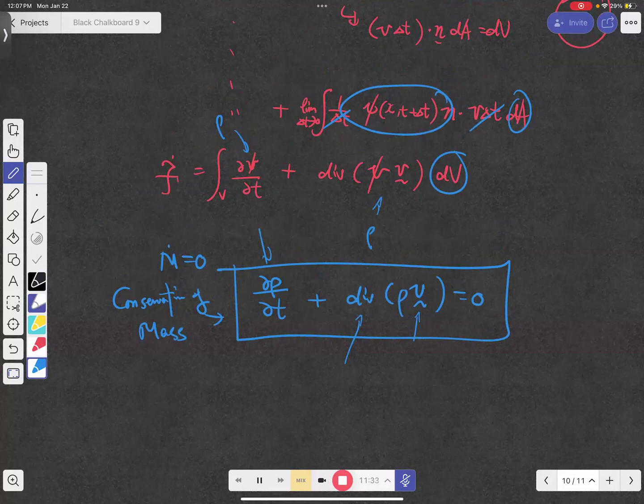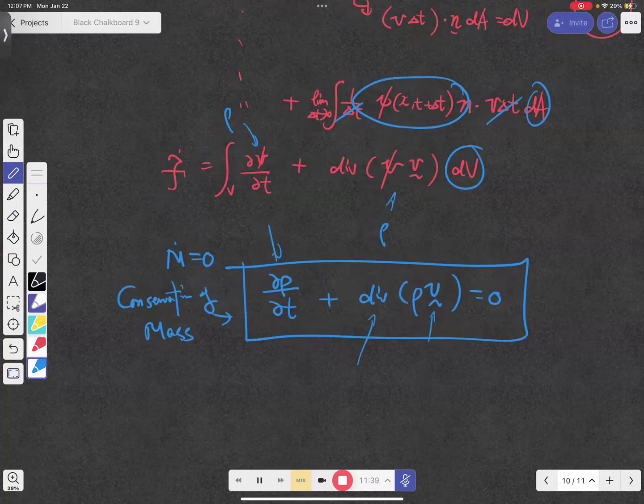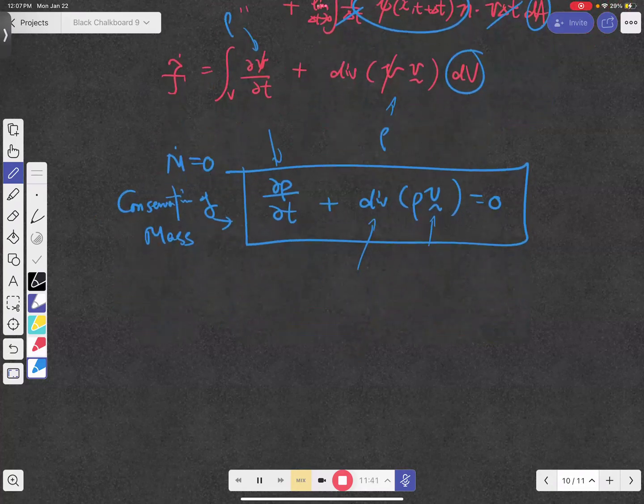Now, does any of you have a fluid mechanics major? Okay, so I think it's fine. Now this is the balance of mass of a generic material. What if the material is incompressible?